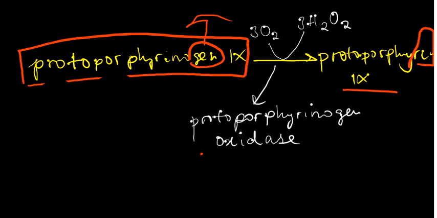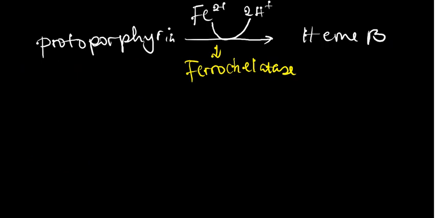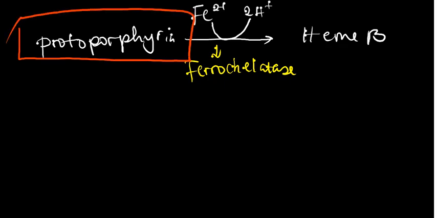Remember, whenever we have an oxidation reaction, you can notice from the name of the enzyme that this is what's happening. Then, to the protoporphyrin that was formed earlier on, an ion is added. The enzyme that aids the addition of that ion to protoporphyrin is called ferrochelatase.